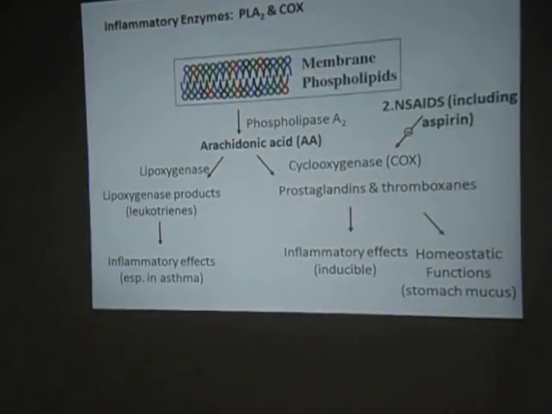So the drugs we know are the NSAIDs, where COX is inhibited, and here are the steroids. So by blocking this first step, we can act on both the mechanisms.